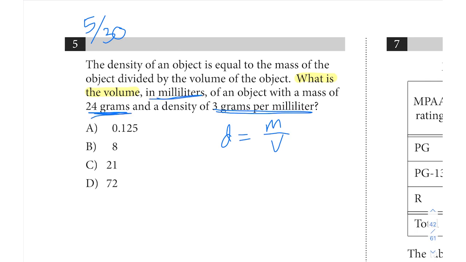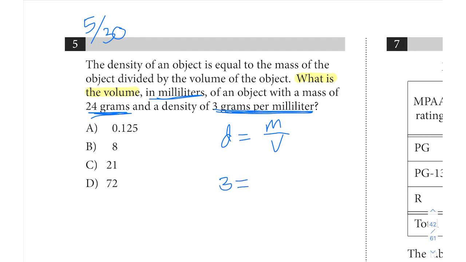And if you check, you can in fact tell here, this is in milliliters, this is in grams, this is grams per milliliter. So all the units do line up, but if you weren't sure, go ahead and just plug in the numbers and don't worry about units on a question this early. Now later, on a more difficult question, would there be added difficulty if they threw some unit conversions in there? Yeah, probably. But here for question 5, we're trying to solve for volume.